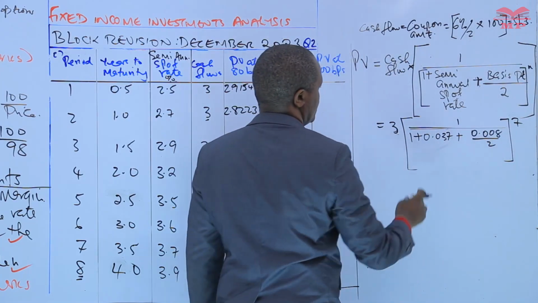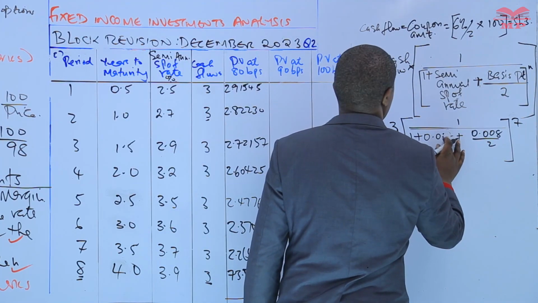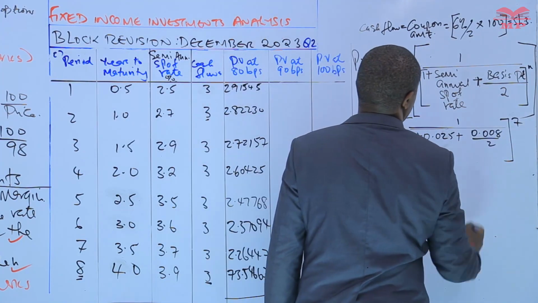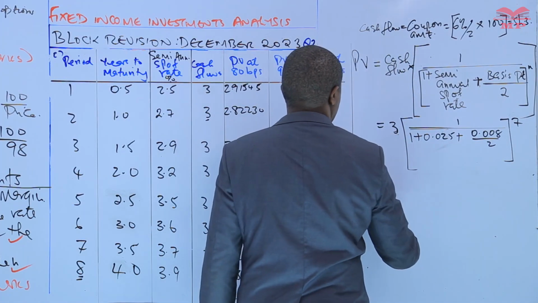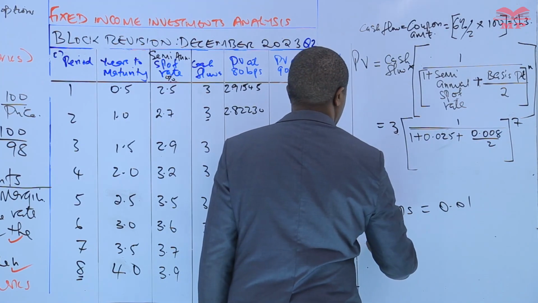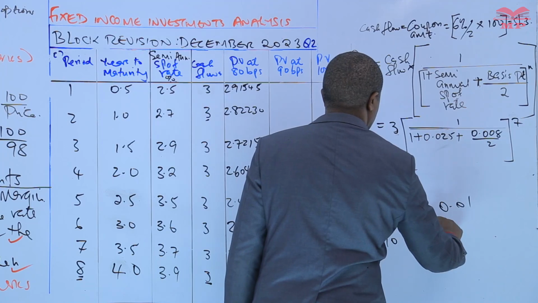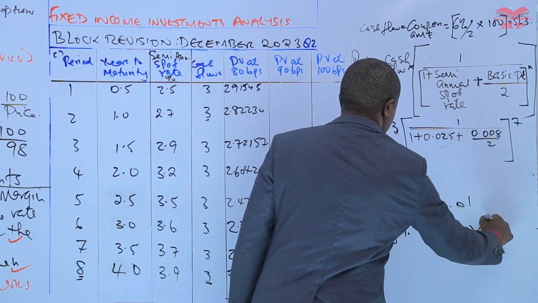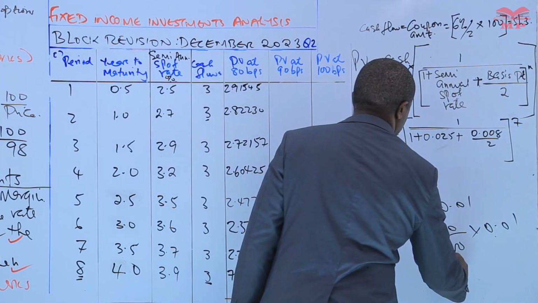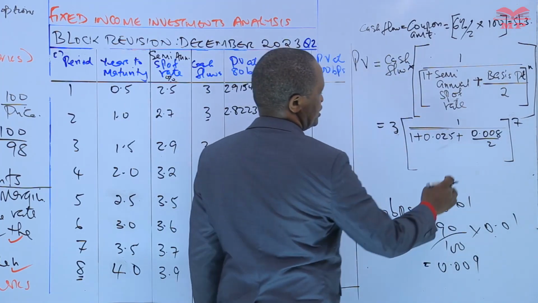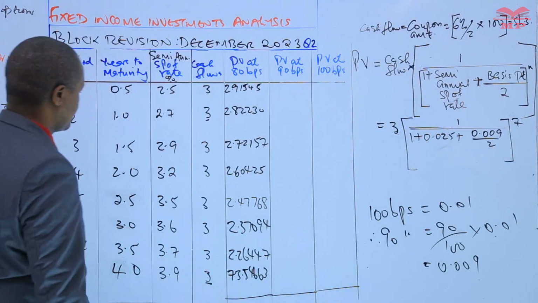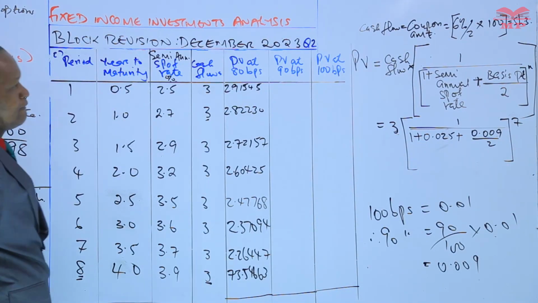This is what is going to change. We saw that 100 basis points is equivalent to 0.01, and therefore 90 basis points will be equal to 90 over 100 times 0.01, which is 0.009. It's going to be constant throughout the 8 periods.